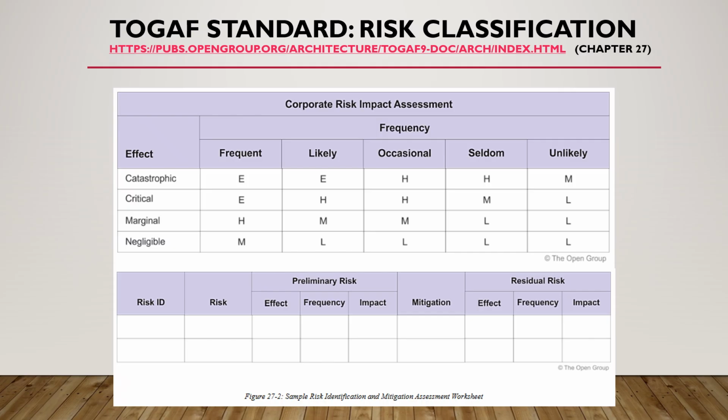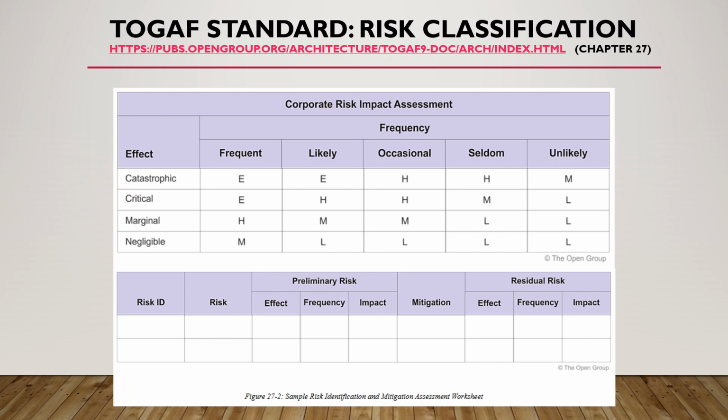The next column provides space for you to add the mitigation activity you will use to address the risk. Then the effect, frequency, and impact for the residual risk are inserted. This is a great way to keep track of your mitigation activities and how they have impacted your risk.